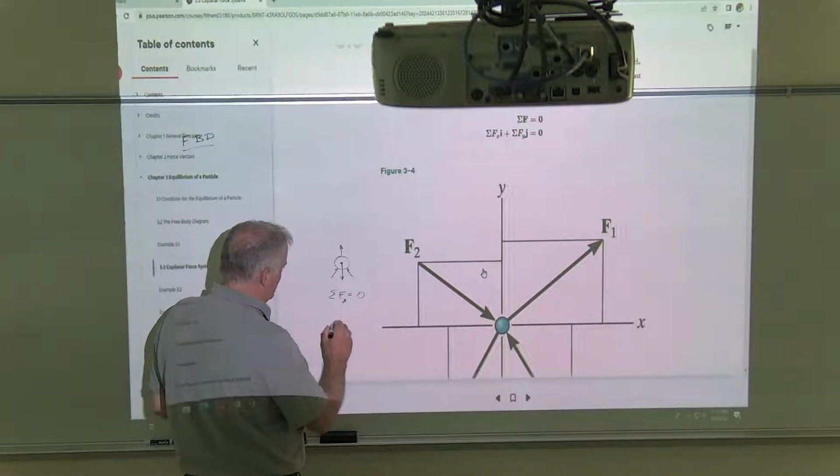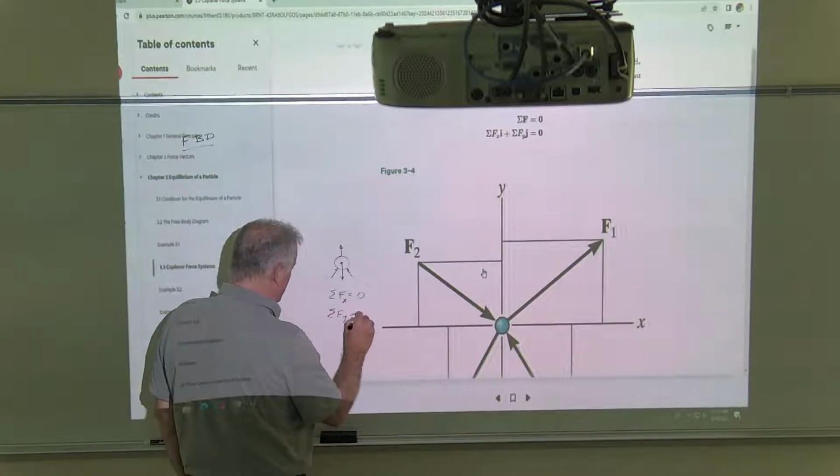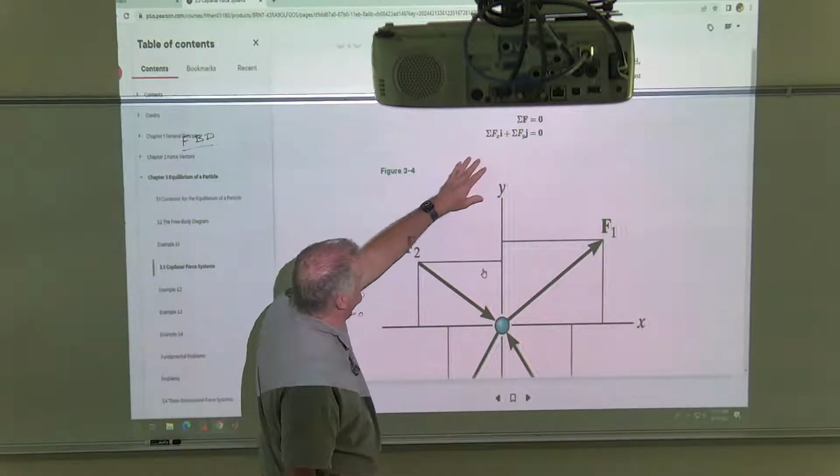And so you're going to have the sum of the forces in X and the sum of the forces in Y, and that's it. So that's what he's got here.